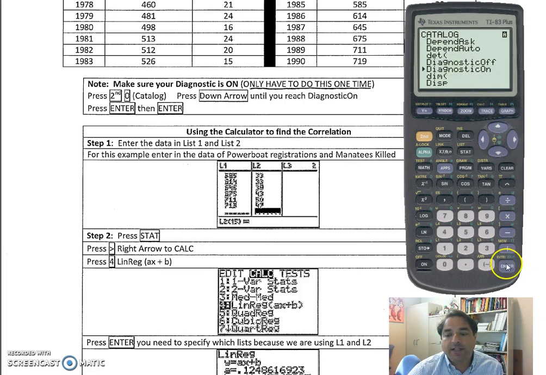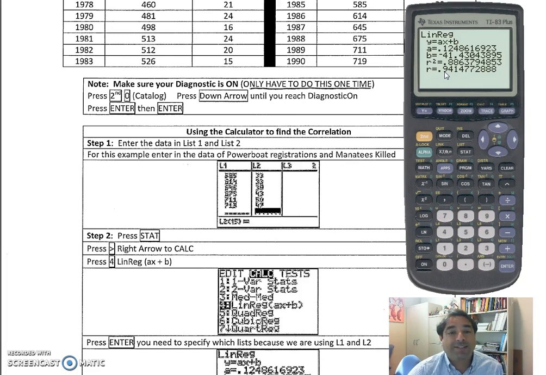Put your little arrow on diagnostic on, hit enter, enter, and it looks like nothing happened, but you've actually turned your diagnostic on. So if I hit stat to the right for calculate, number 4 linear regression, list 1, second 1, comma list 2, second 2, hit enter. Now we have our correlation R, and we can talk about that number, and we can compare numbers.